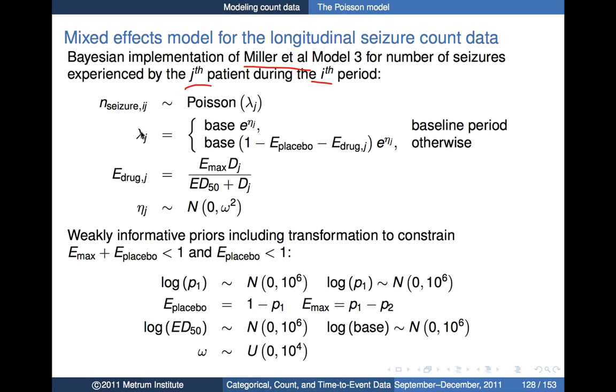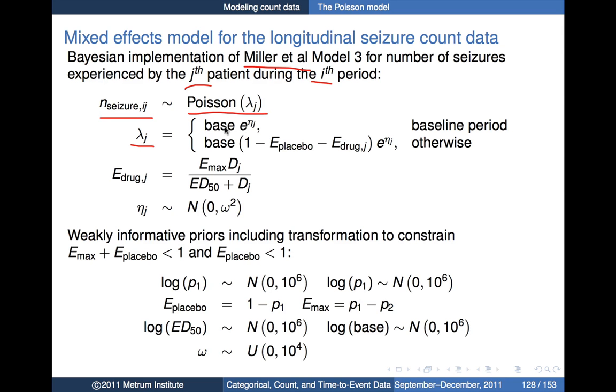That's what our subscripts are referring to, so I've written that as n sub seizure ij. That's going to be Poisson distributed, and our lambda j is going to be described here.